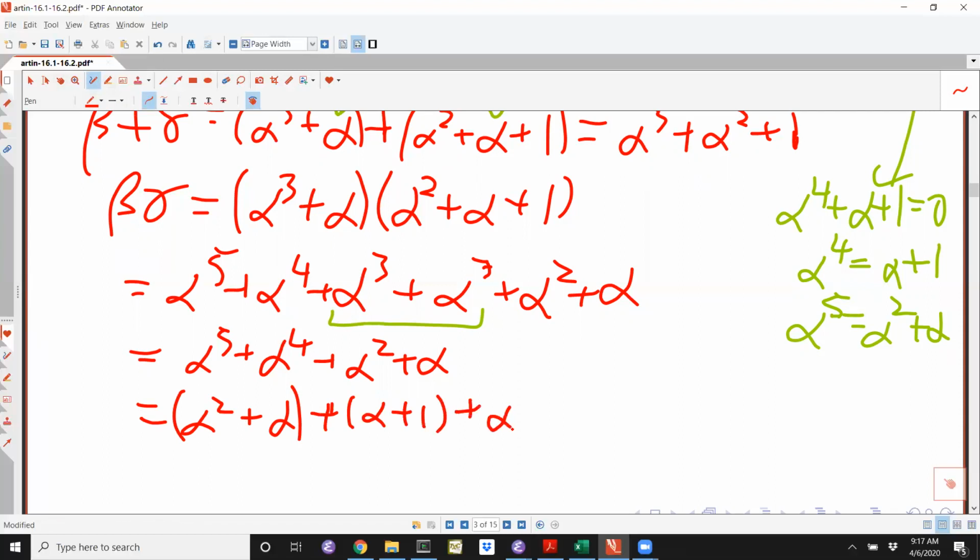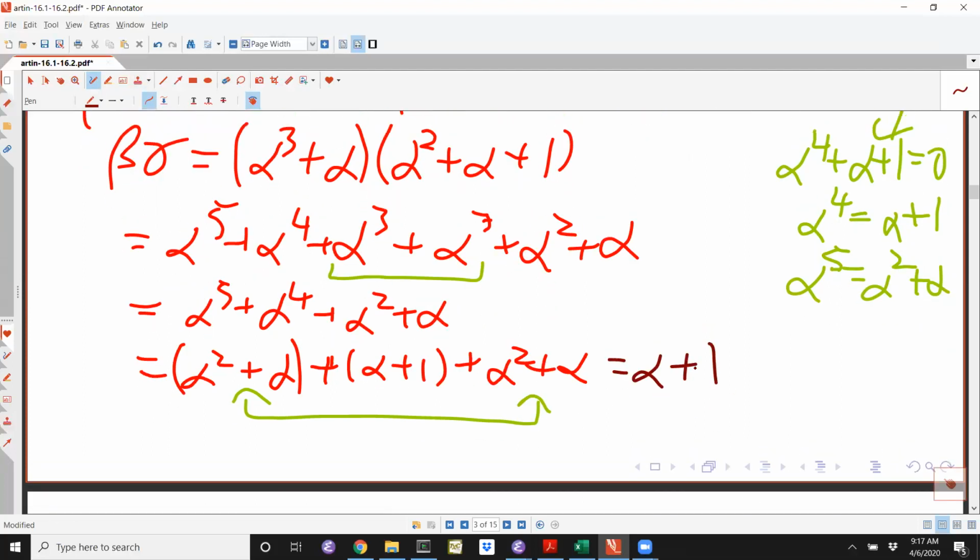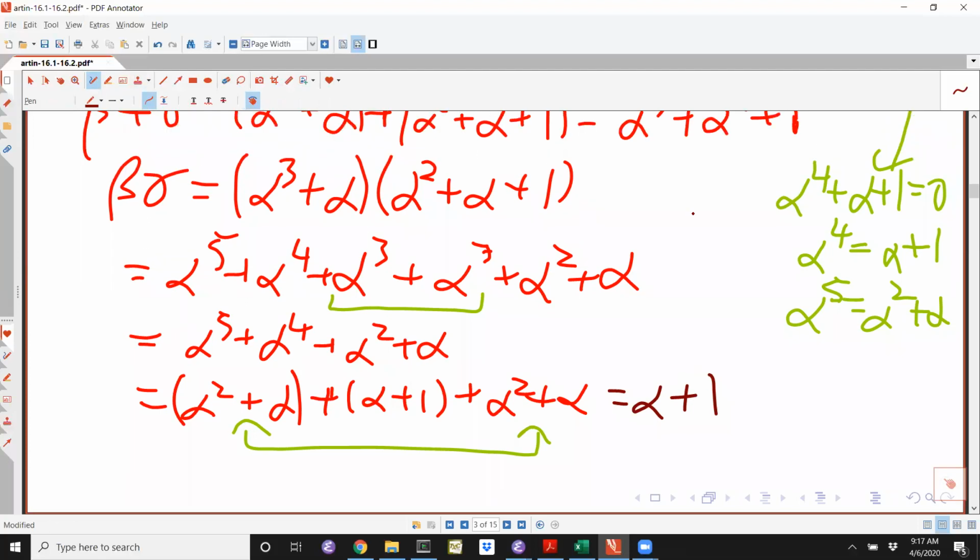And look, we already had an alpha squared plus alpha sitting here. So conveniently, those two terms cancel out completely, and we're left with alpha plus 1. So beta times gamma is alpha plus 1.